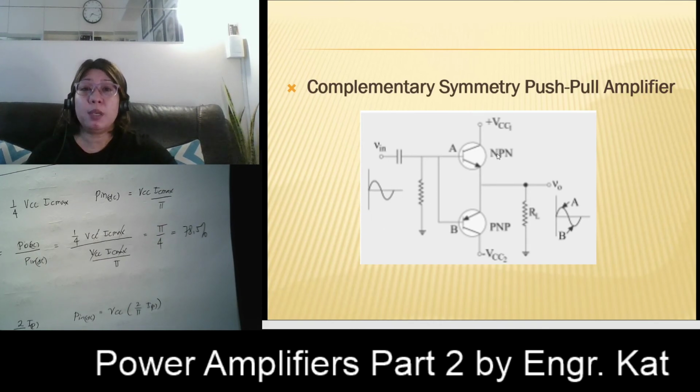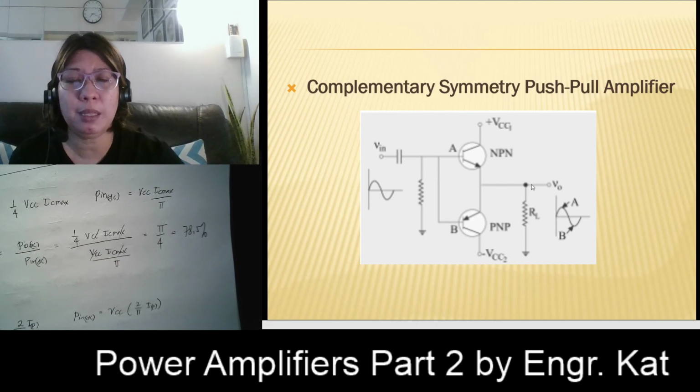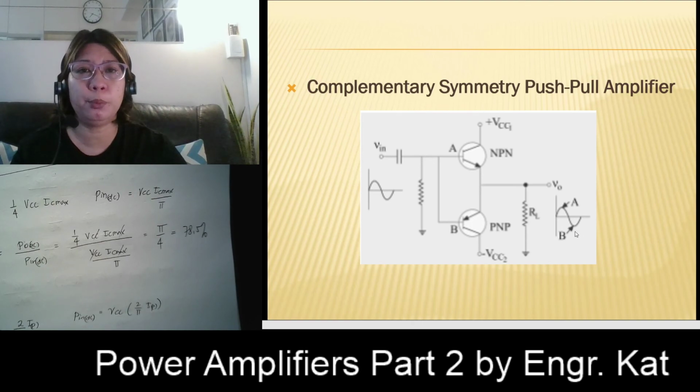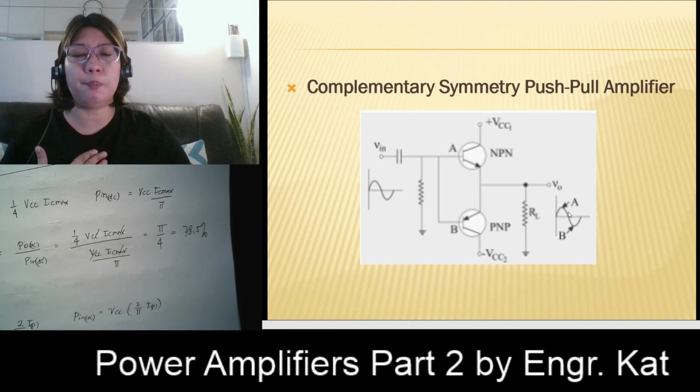Because your NPN and your PNP work differently, in such a way that the NPN works with the positive half cycle and the PNP works during the negative half cycle. Therefore, we do not need to make the input out of phase, because during the positive half, the NPN will be turned on, and during the negative half, the PNP transistor will be turned on. So this eliminates the use of a transformer, and yet the concept of push-pull is still within this circuit.